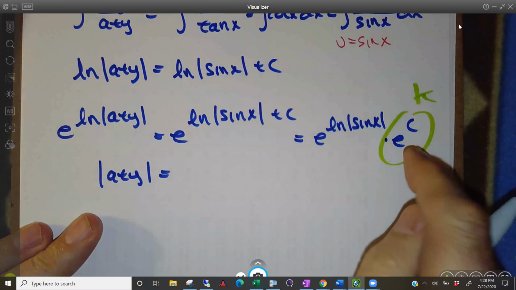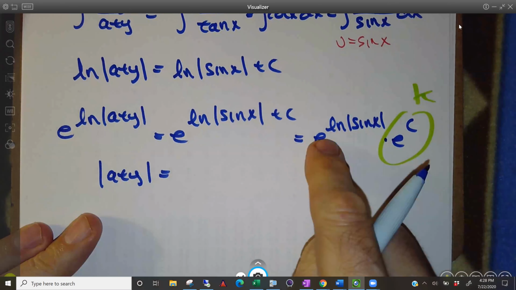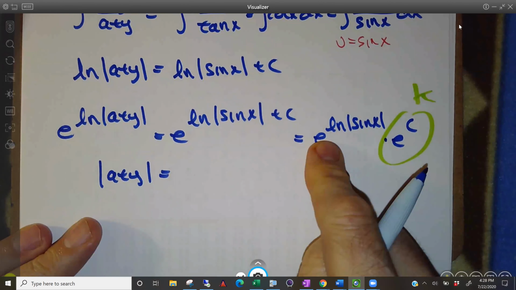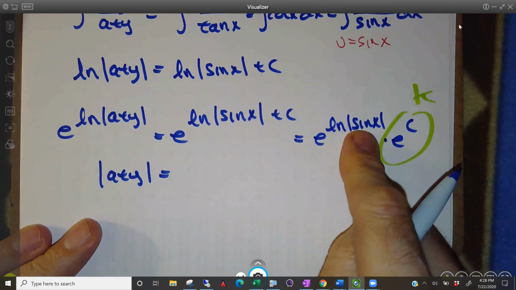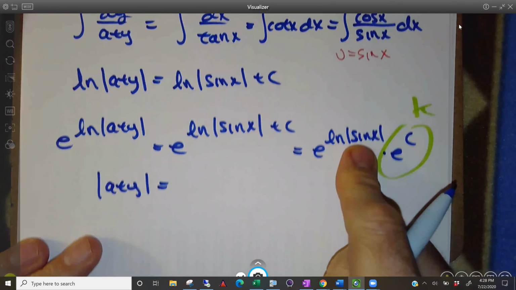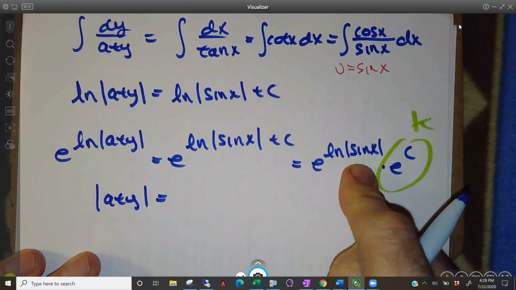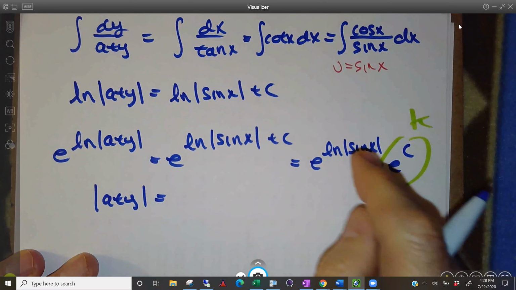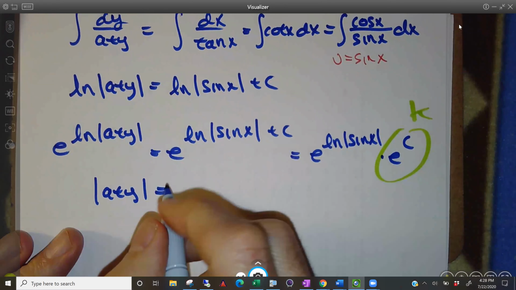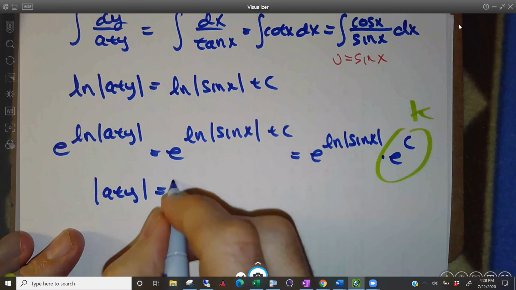We'll call that k times the absolute value of sine of x. Well, originally they told us that x was between 0 and pi, so sine is going to be positive here. I don't need the absolute value anymore. I'm going to get k times sine of x.